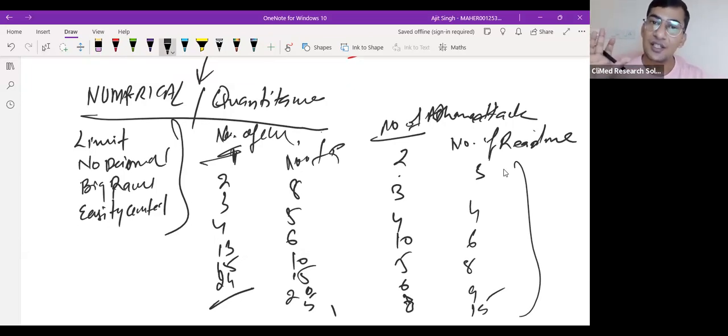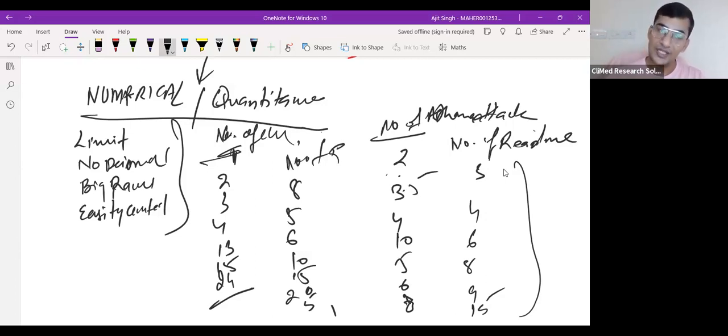It has a limit and there are no decimals. We cannot say there are 2.5 children, 3.2 children, or 4.5 children. We cannot say there are 8.5 cars, or 3.5 asthmatics. If I'm talking about readmissions, we cannot say the patient was admitted 3.5 times.